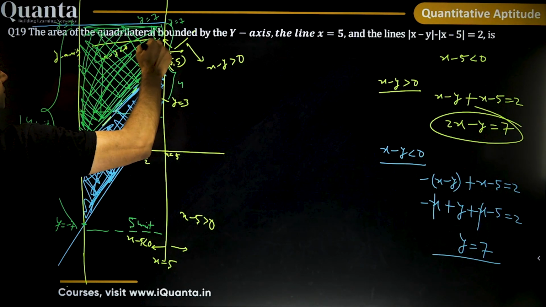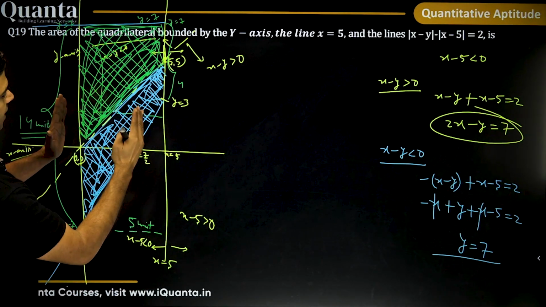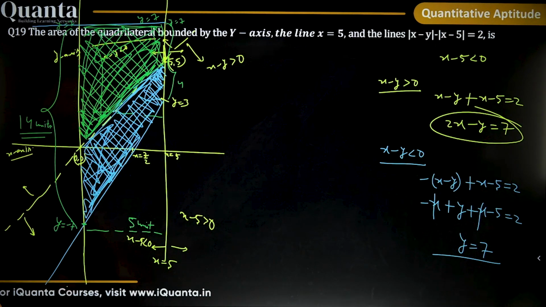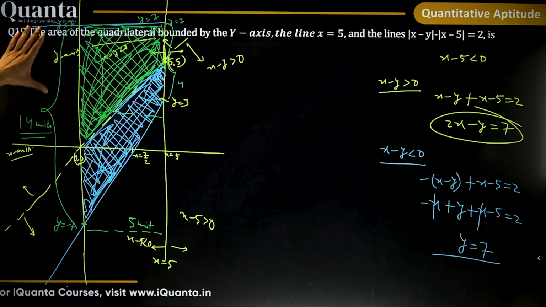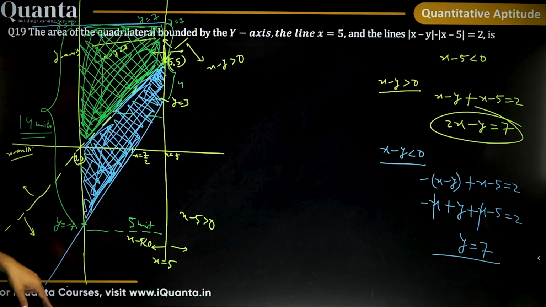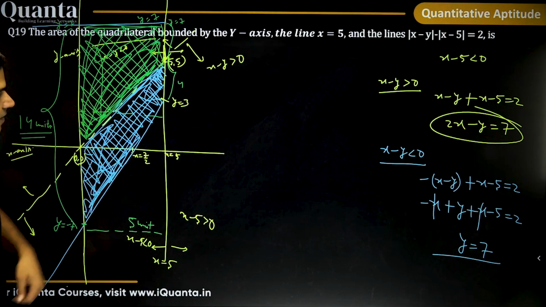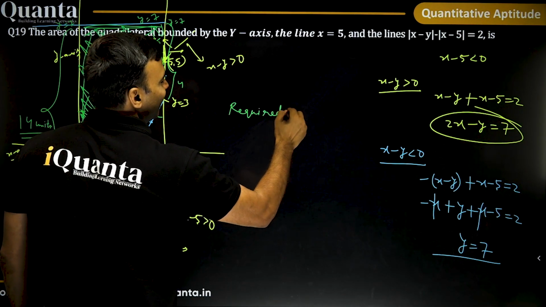We have to find this total area, because at the end of the day, it is the quadrilateral formed with the y-axis, x equal to 5 and the lines in between. This is the total area, so we can calculate it in one go. That is a trapezium area. One parallel side is 14, one parallel side is 4, and the distance between the parallel sides is 5. A good question.